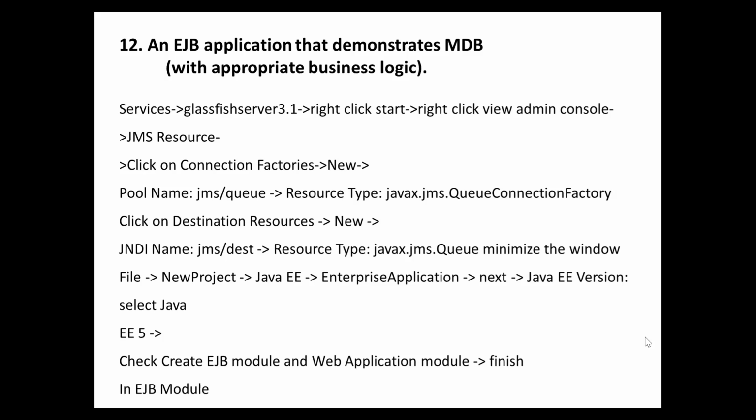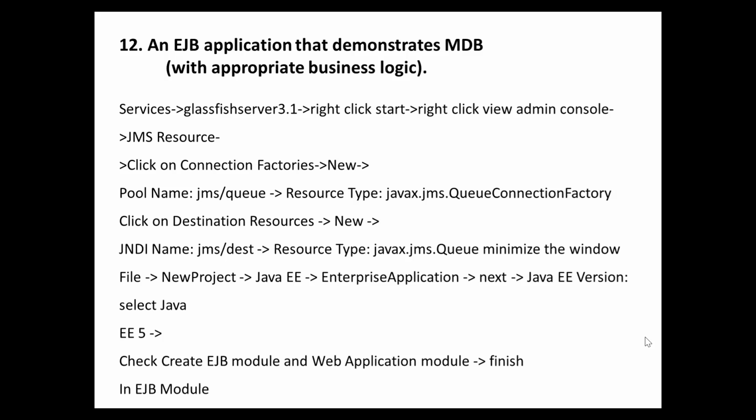Give the JNDI name, that is the Java Naming and Directory Interface name. I can use JMS or DST. Once again, set the resource type and go to the file.